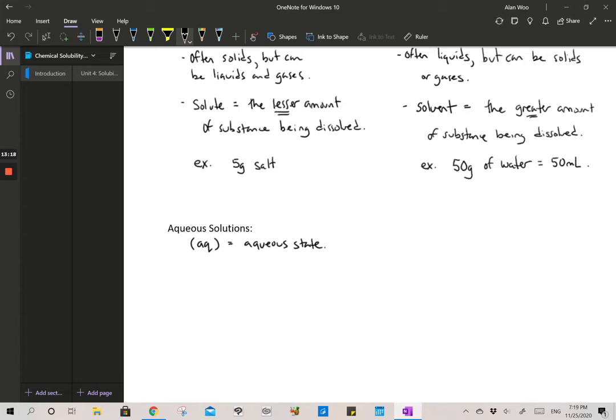But in solution form, an aqueous solution is created by dissolving any solute in water. Okay, it's specifically for water as a solvent.